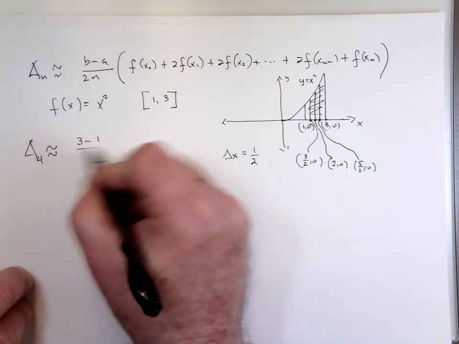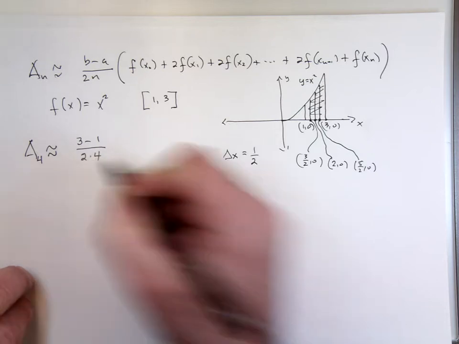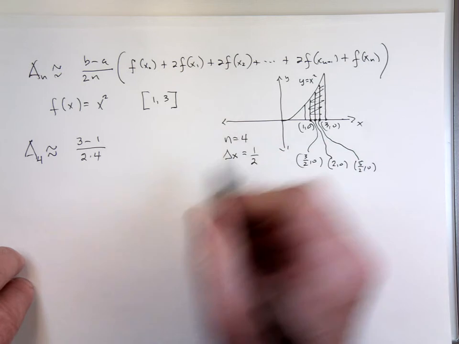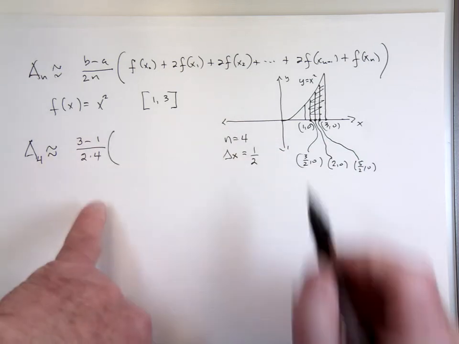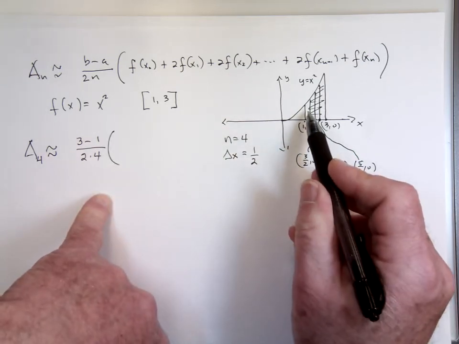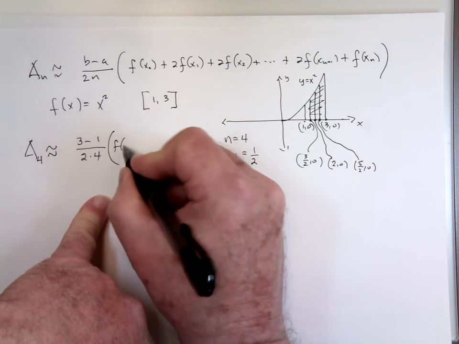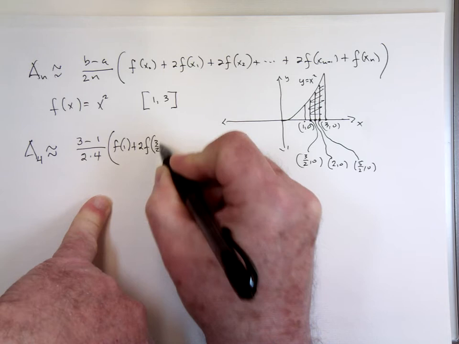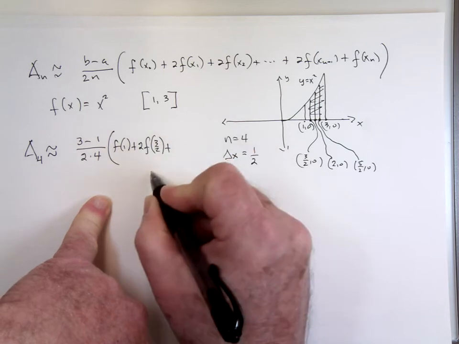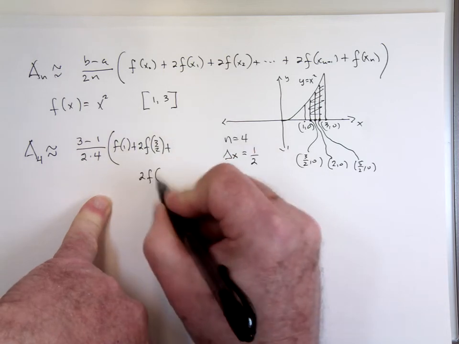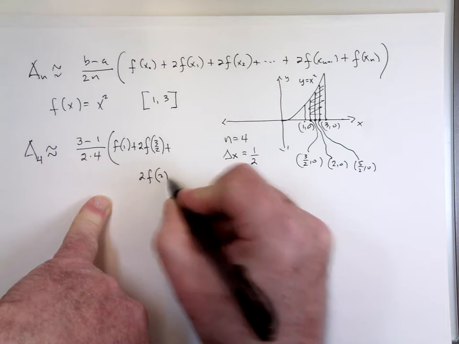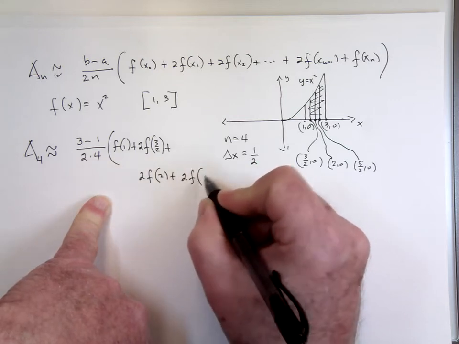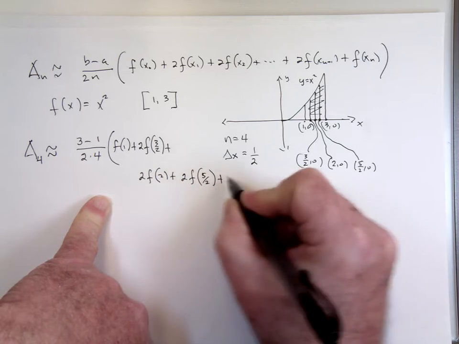So, our area in terms of 4 trapezoids is approximately equal to b minus a over 2 times 4, n is 4. We got 4 parts. f of 1, I'm going to write it out, plus 2 f of 3 halves plus 2 f of 2 plus 2 f of 5 halves plus f of 3.